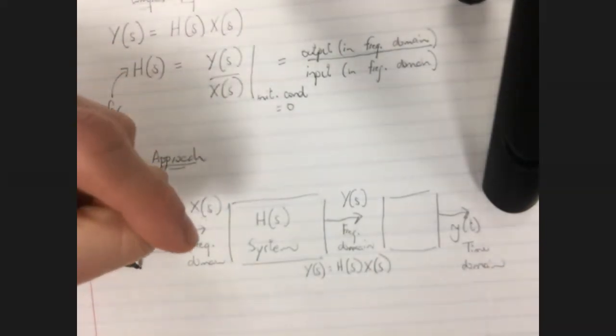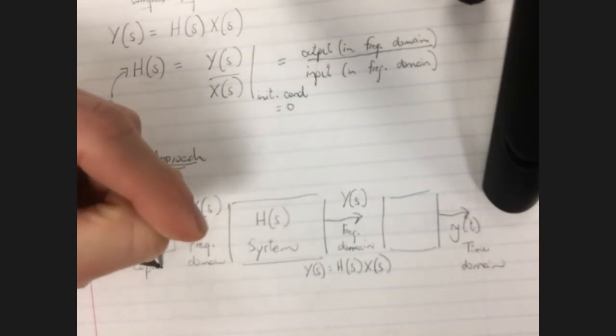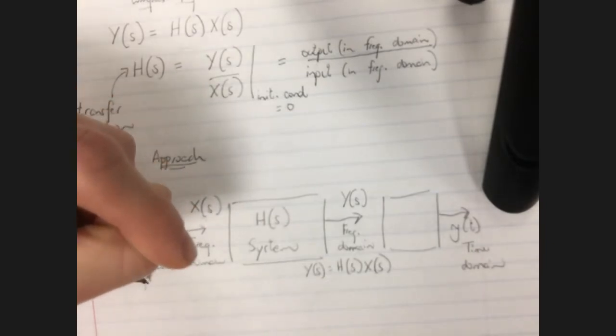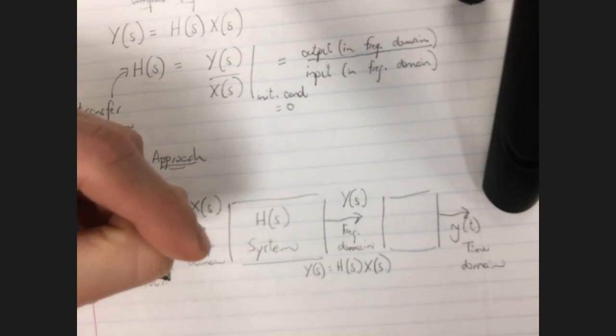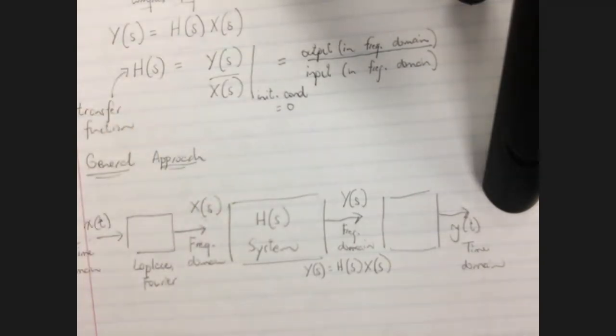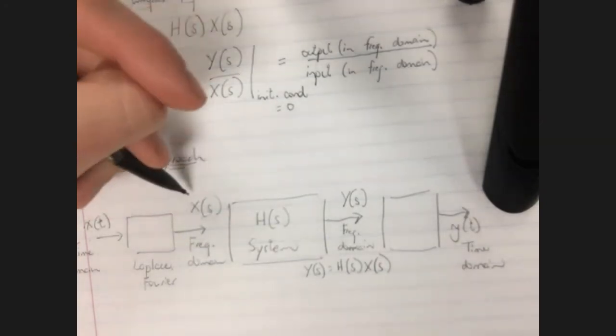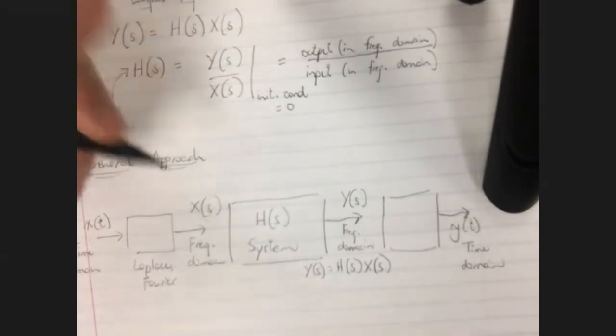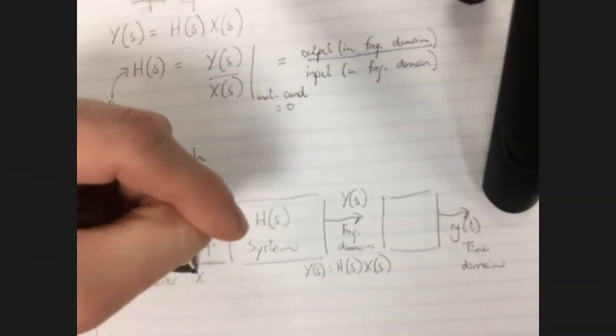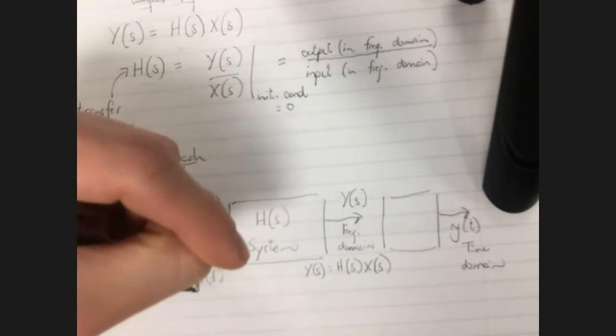The main ones are Laplace transform and Fourier transform. Those are going to be the two main ones. By the way, I'm going to use s for Laplace, but you can also have X of f or X of omega.